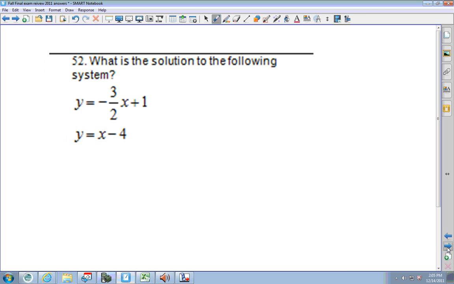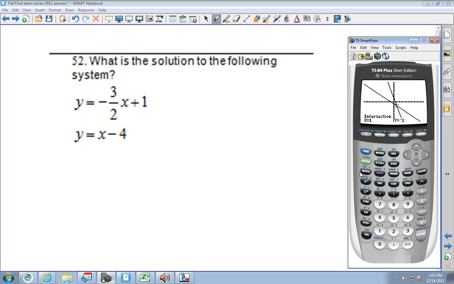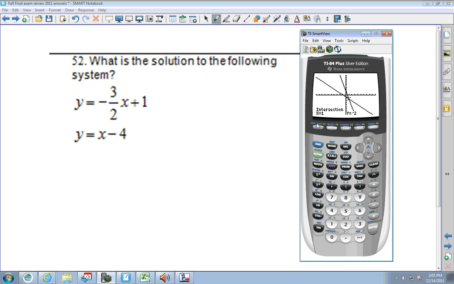Next one. What is the solution to the system? Okay, this one doesn't have a graph with it, so we're just going to put it in the calculator. So let's come over here and put in -3 divided by 2 x plus 1.